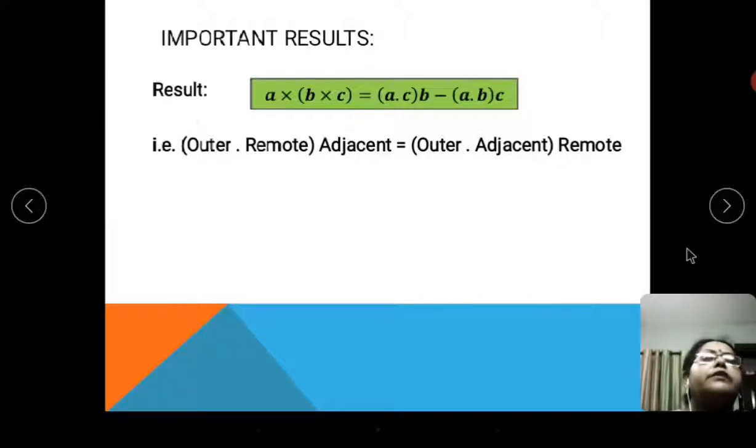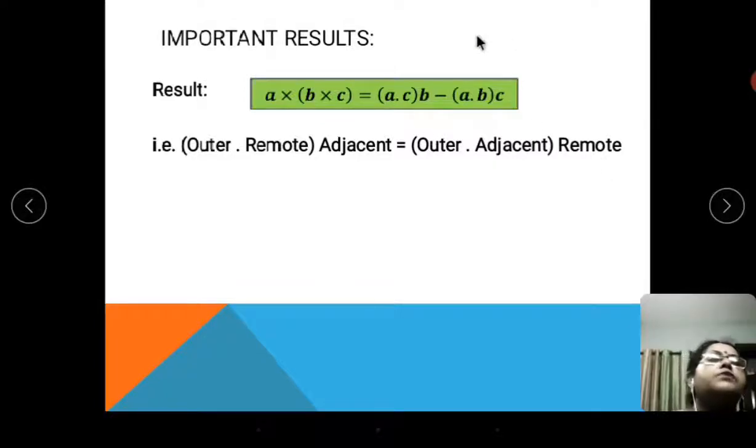This can be written in this fashion: A cross (B cross C) is given by the product of the outer with the remote, (A dot C), multiplied with the adjacent vector, minus outer, again (A dot B), adjacent, multiplied with the remote vector.